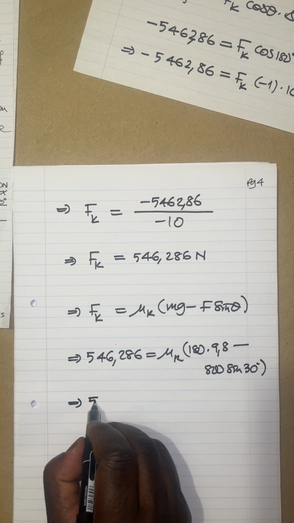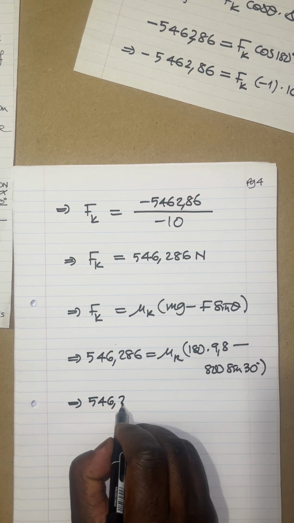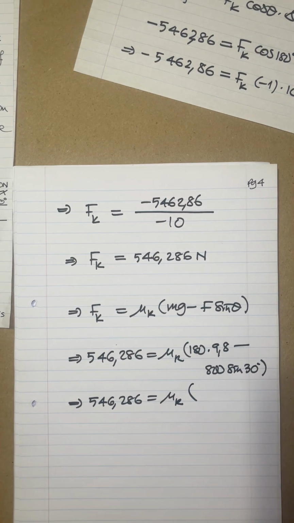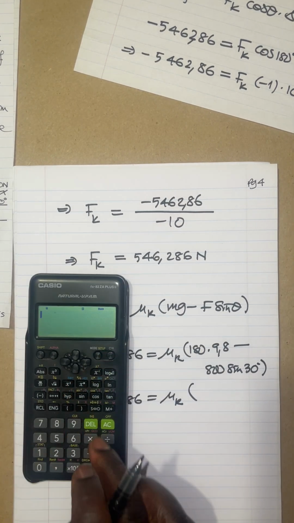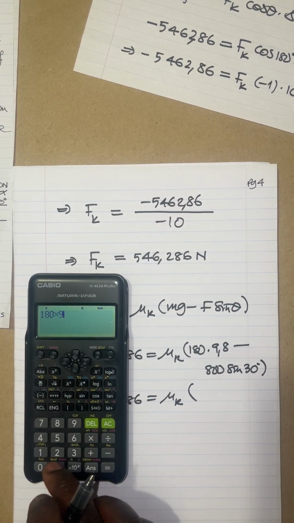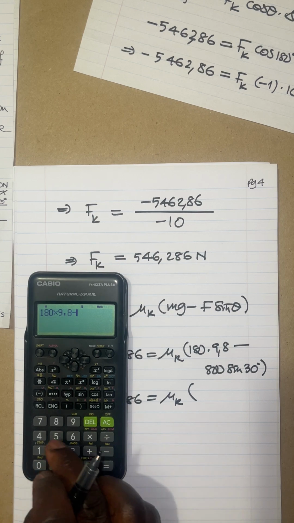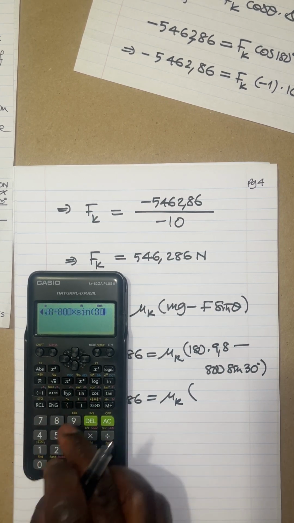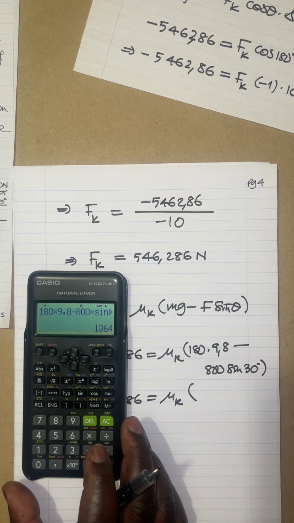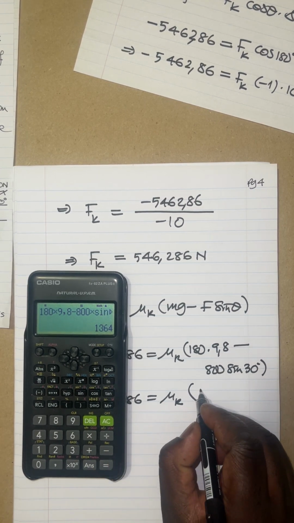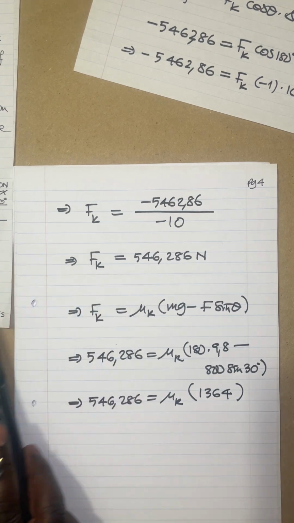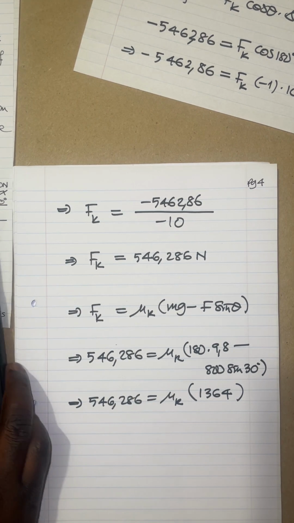This is 546.286 equal to mu k times some number. Let's work that number out. It's 180 times 9.8 minus 800 times sine of 30. And our answer is 1364.